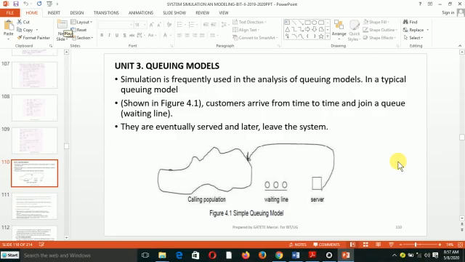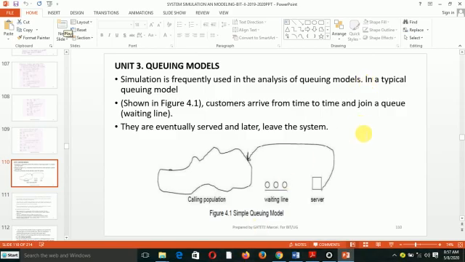You can manage queuing models using simulation. Simulation will be frequently used in analysis of queuing models. You can use simulation either using a computer, or you can analyze it mathematically. Here we are going to simulate queuing models using mathematics.